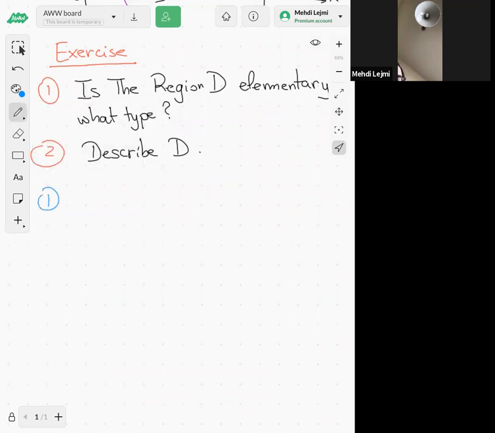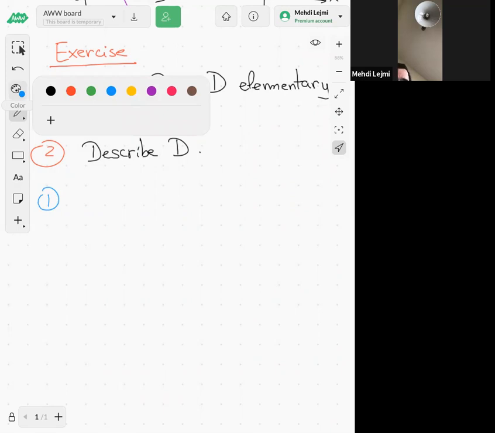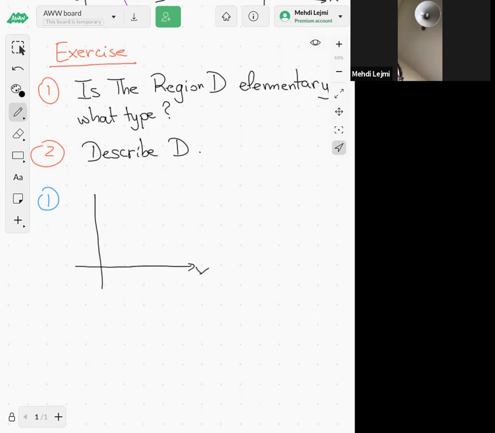So we had this triangle. I think one of the vertices is the origin, right? So this is your x-axis. This is your y-axis, right? This is 0. This is, let's say, the point 1, 0. This is the point 0, 1, right?